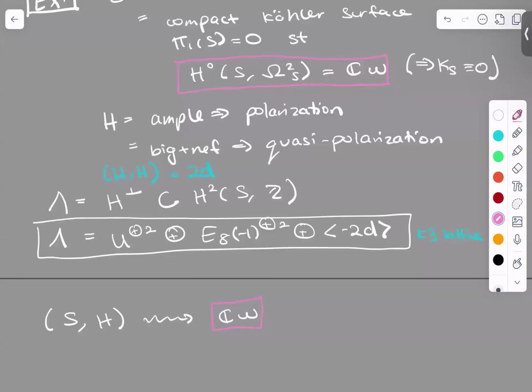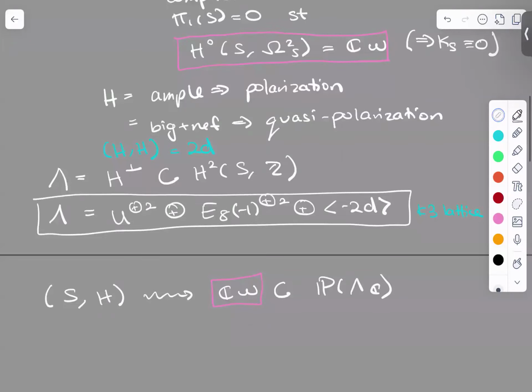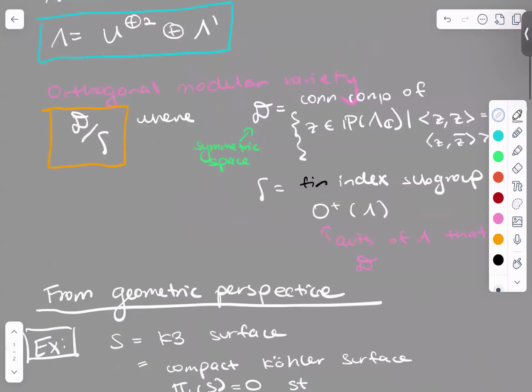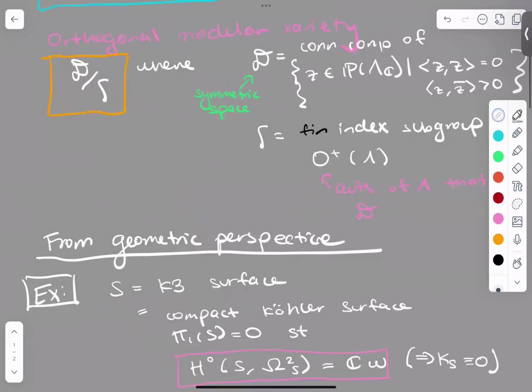This C omega actually lives inside of the projectivization of this lattice lambda. And in fact, one can show that it lives inside of not just the projectivization of this lattice, but in fact this D that I defined above, this symmetric space.